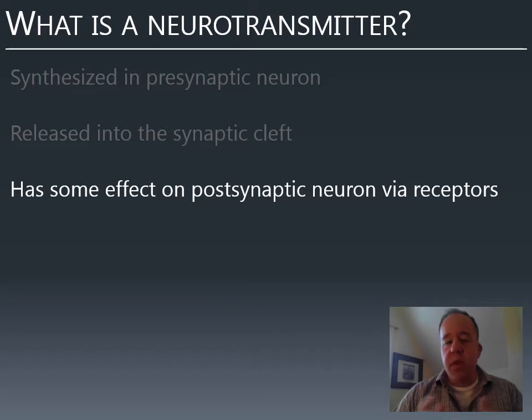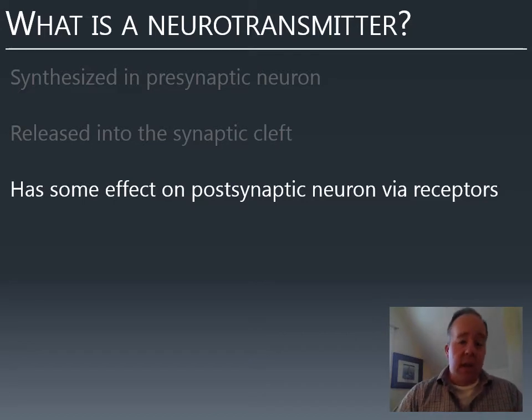So there's a chemical that's released from the axon terminal of the presynaptic neuron. It diffuses its way across the synaptic cleft, the gap between the neurons, and it binds to a receptor, which is just another chemical. It's a protein that's sitting there in the postsynaptic neuron's membrane, sort of like a lock, and the neurotransmitter is the key.